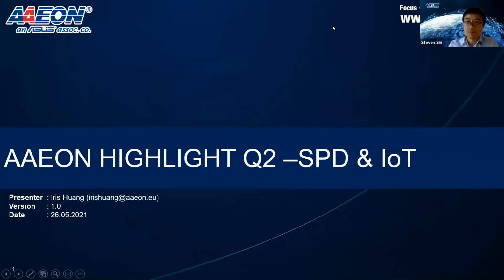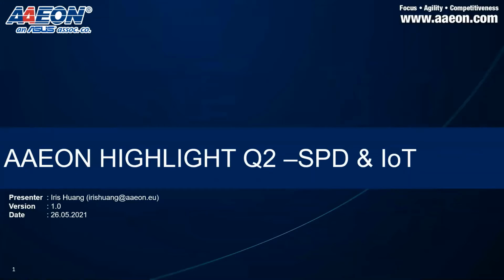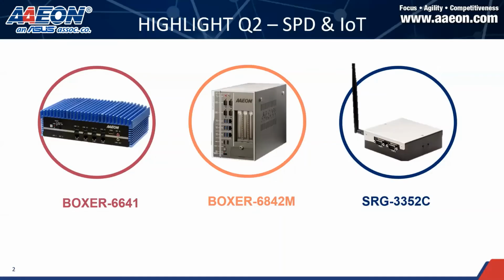Great. So my part will cover both the SPD and IoT divisions' highlight products. They are three products in total. First one is Boxer 6641. Second is 6842, and then I will cover the SRG 3352C.